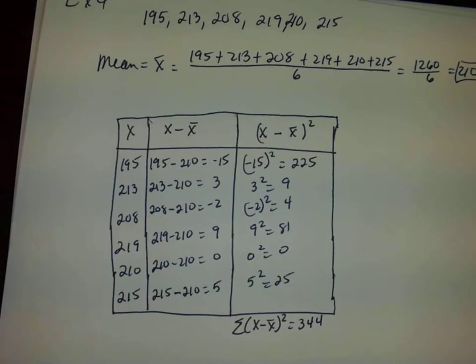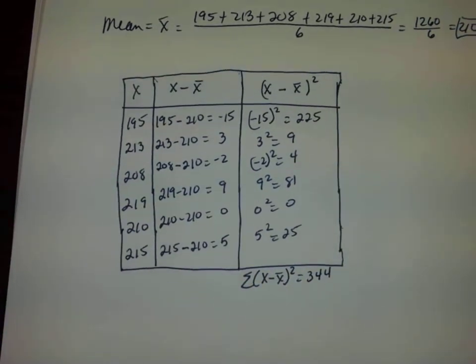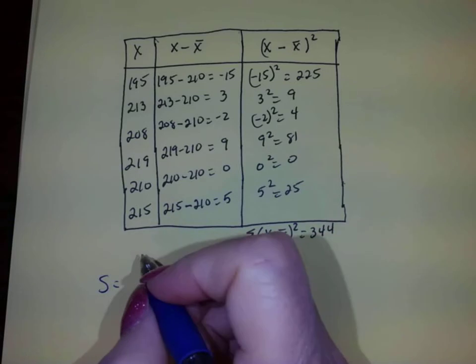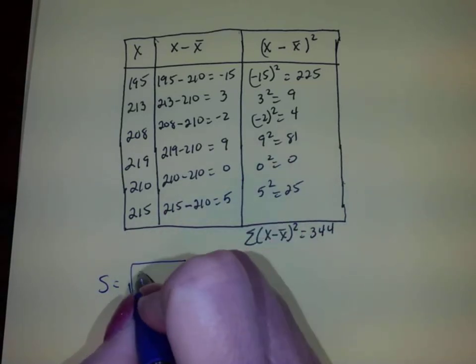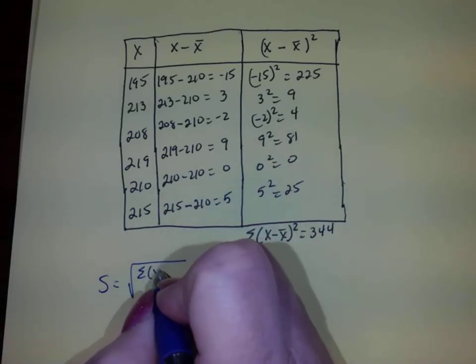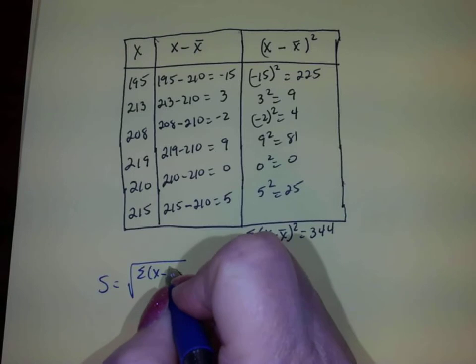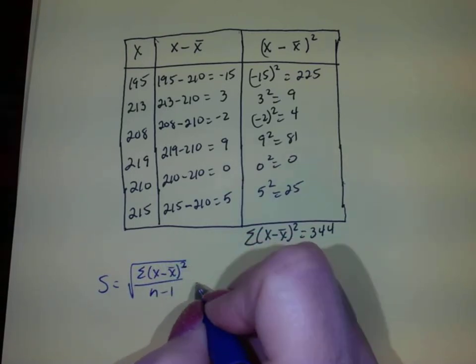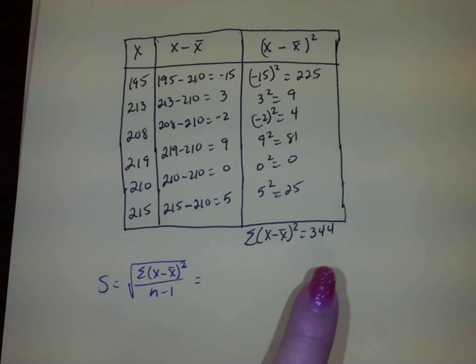Now our formula, which was on our handout there, is S is equal to the square root of the summation of x minus x bar squared over n minus 1. All right, so we've got the summation right here.